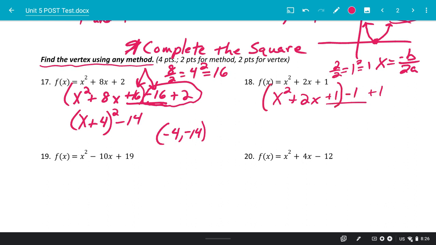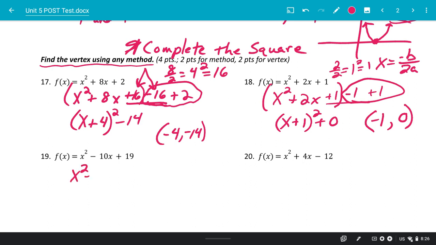This is now my perfect square trinomial. It factors to be x plus 1, quantity squared, and then negative 1 plus 1 is 0. Now, I know I don't have to write that plus 0 on the outside, but I'm writing it here so you can see that my vertex is negative 1, 0. It's in vertex form. That's why we complete the square.